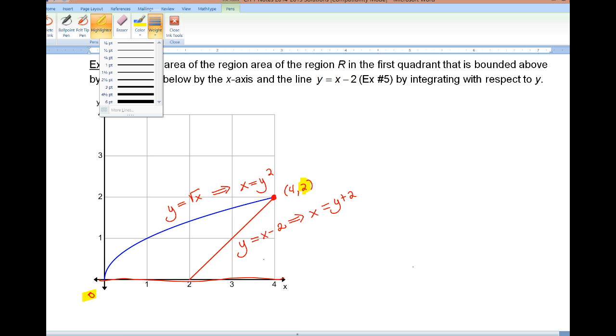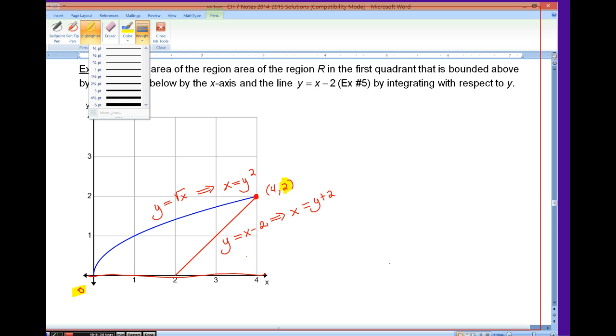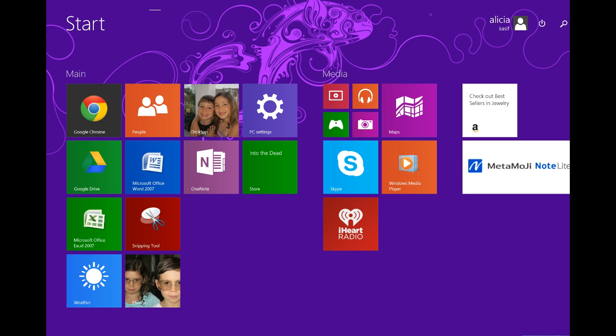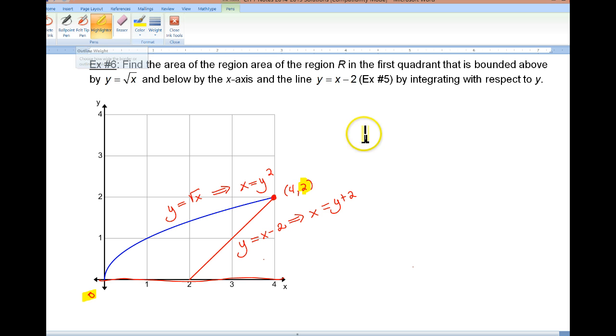Yeah, but we want to write y plus 2. I told you, it better be the same answer. Oh, don't forget, put dy, not dx. Oh, wow. Okay.